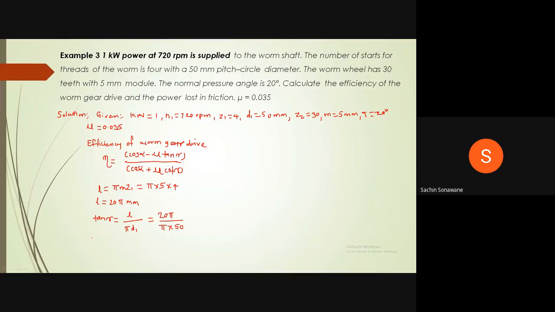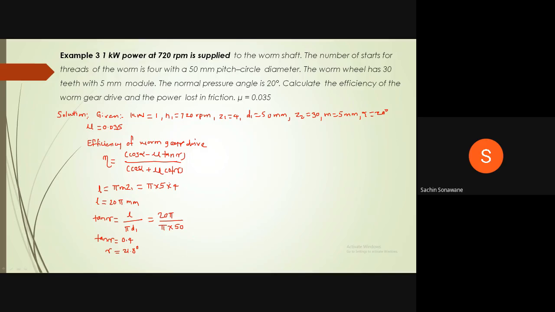Therefore, tan of gamma is equal to 0.4. Therefore, gamma is equal to 21.8 degree.